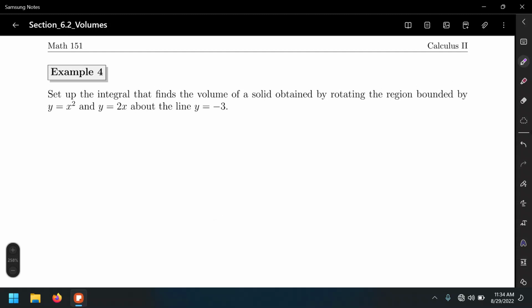In fact, these are going to be exam-like questions in which you are tested on how to set up the region or plot the region, and then from there how to set up the integral that would calculate that volume. So in this case, we may not get integrals that are impossible to integrate.